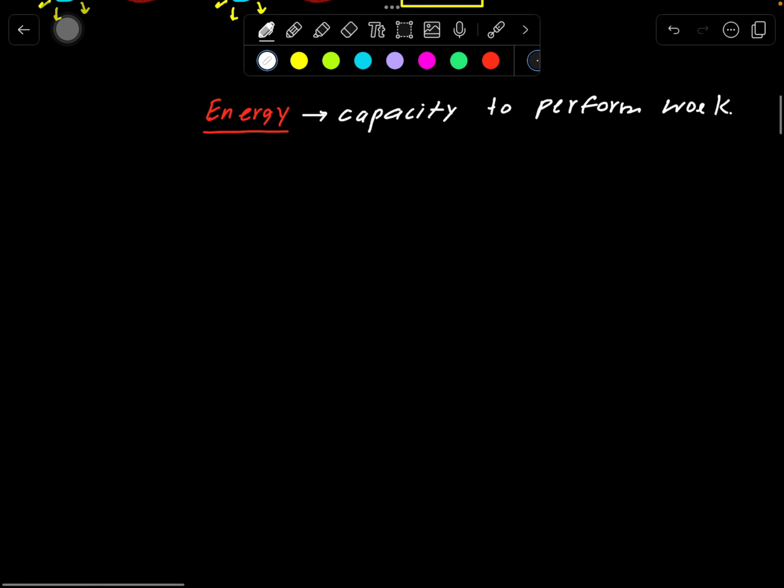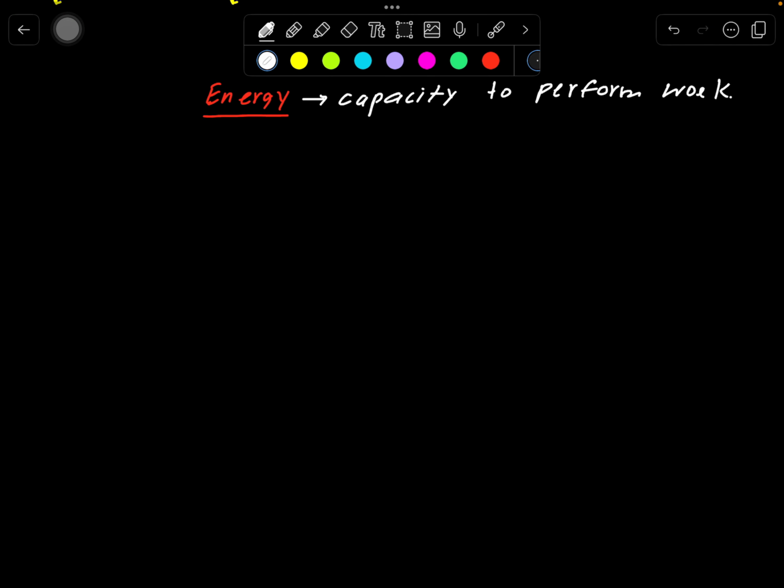I like to imagine energy as objects having stores of energy, okay? For example, we know that energy is stored in objects. And when there is a change within a system, that energy is transferred between objects or between stores, okay?